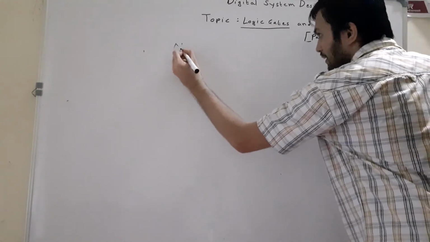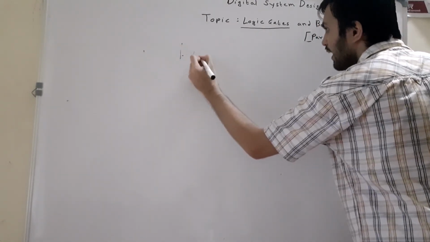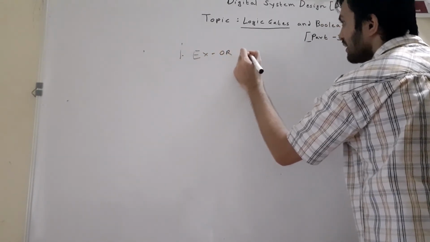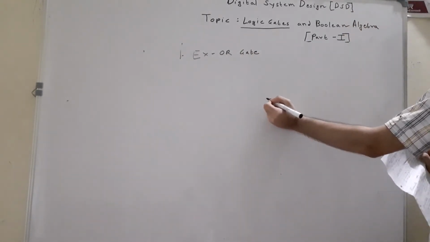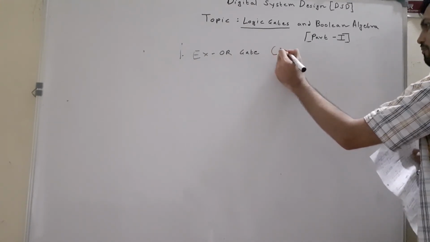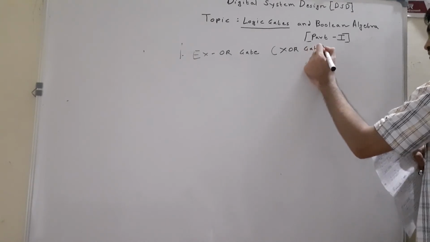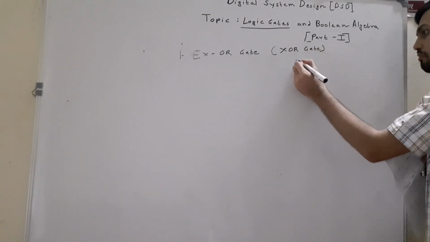In derived gates, the first gate which we have is the XOR gate, or exclusive OR gate. Exclusive is the short form of X, or it is sometimes called the XOR gate also. And this is used in digital circuits to perform modulo 2 addition.